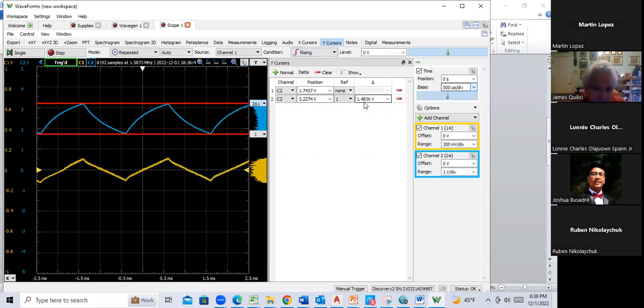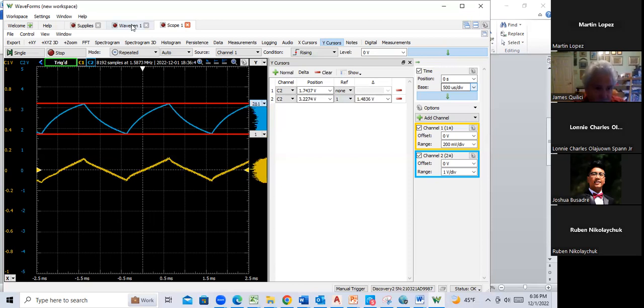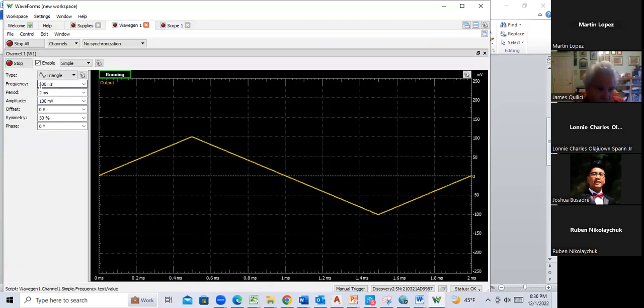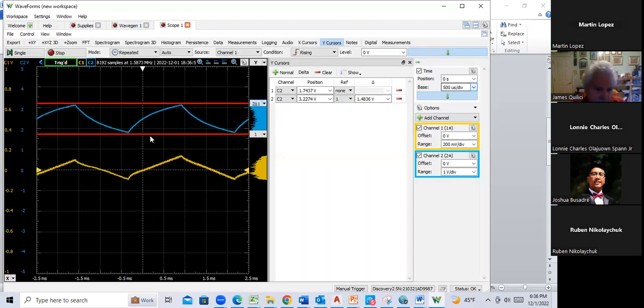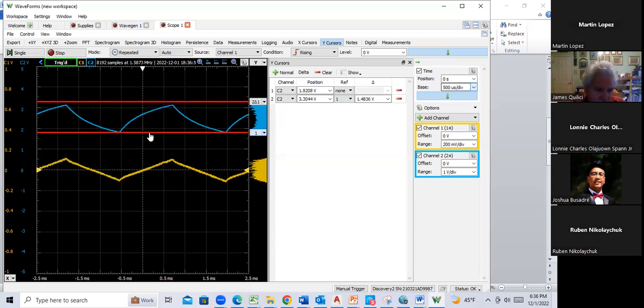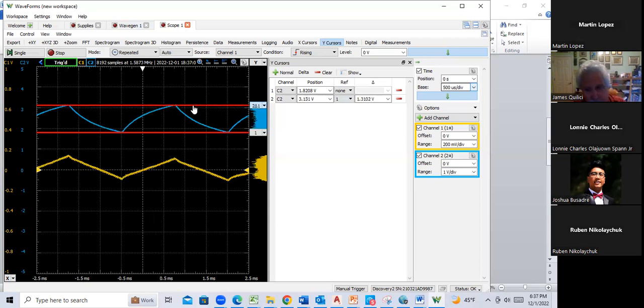Anyway, I'm at 1.48, so I'm getting close. I'm looking for 1.35. I'm going to move this down a smidgen. I'm going to go to 400. Let's make a minor adjustment here. So that's 1.31.